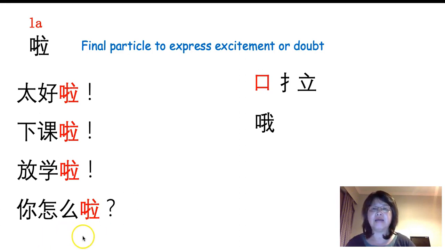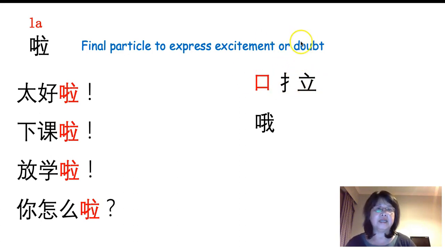你怎么啦 So let's have a look at the character. La, it has three parts. Left hand side, middle bit, and the right hand side. So left hand side is the mouth radical. So when we express our excitement, we gotta use our mouth.